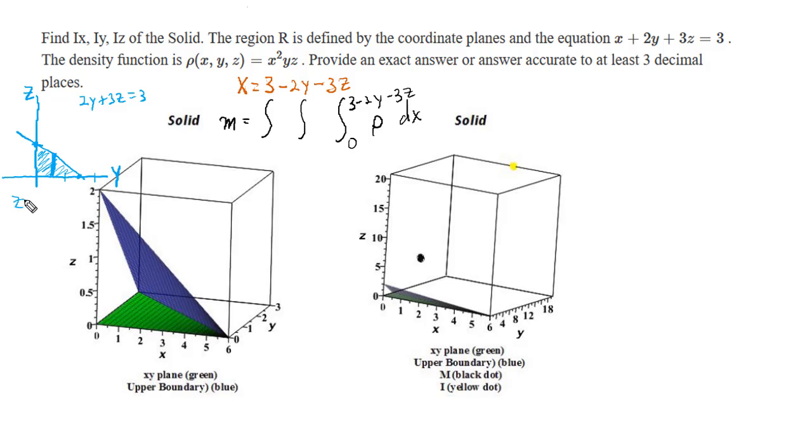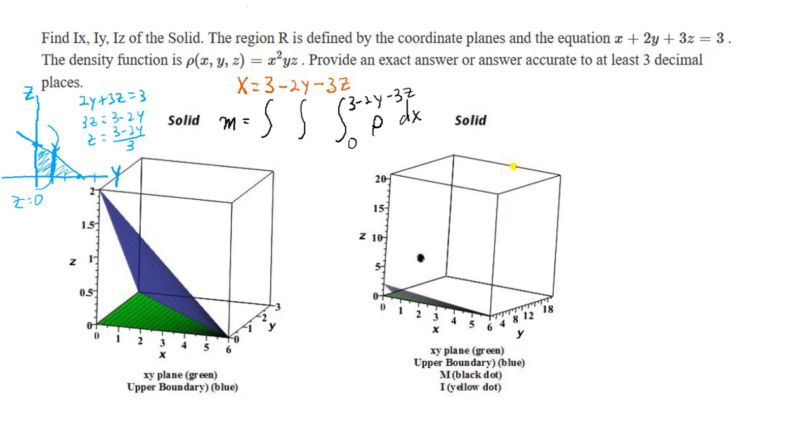So I would want z going from 0 down here at the bottom to this value of z at the top. So I need to take the equation for the line and solve for the z. So then we would have 3z equals 3 minus 2y, or z equals 3 minus 2y over 3. Unfortunately, that doesn't come out too nice looking, but that's the way it is.